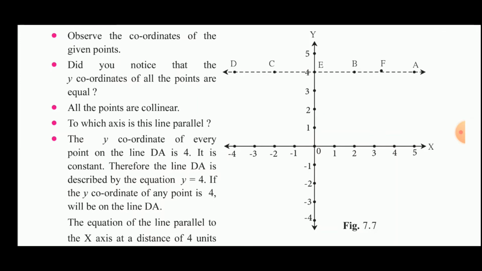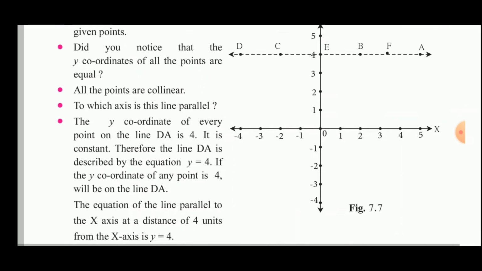Same way, the equation of the line parallel to the x-axis at a distance of 3 units above the x-axis will be y is equal to 3. Now all the points which are lying on the x-axis will have the y coordinate 0. So the equation of the x-axis is y is equal to 0.